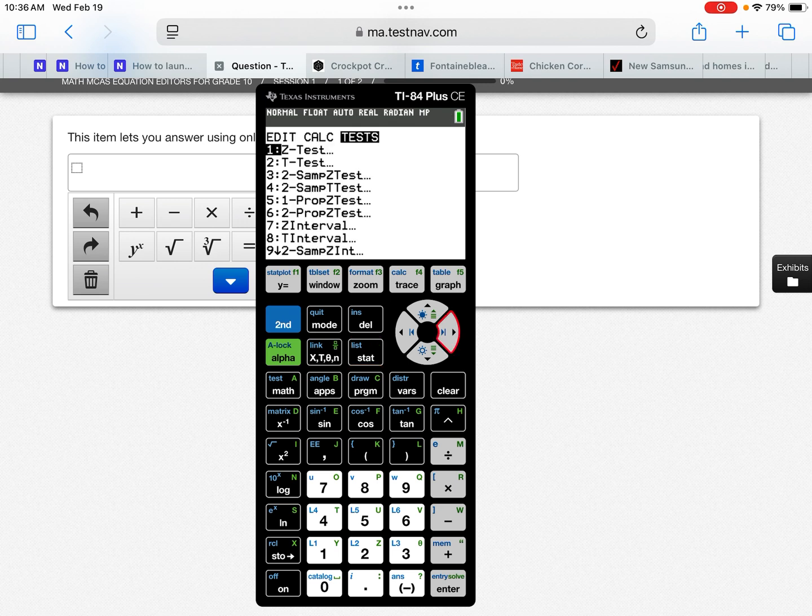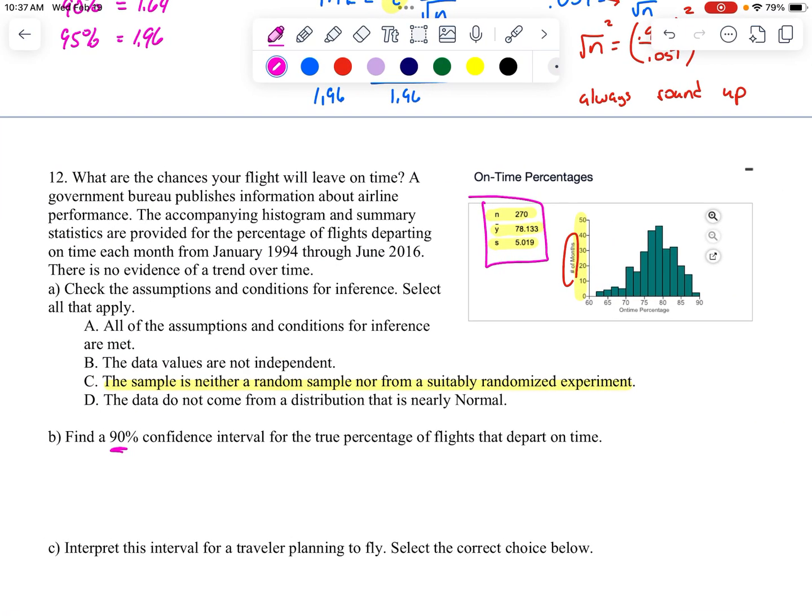That's why I want to make sure that we got this 78.133, 0.5019, 270, 90% confident. I don't know what I wrote down. I flustered the calculator again, and it's sitting there, unable to move, paralyzed. 78.08 to 78.19. So again, find that 90% confidence interval.